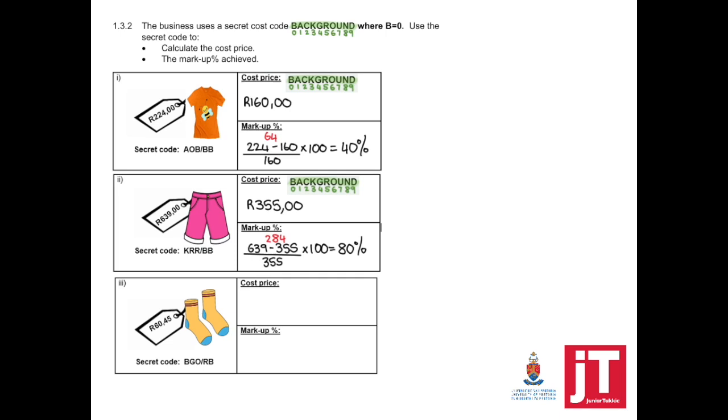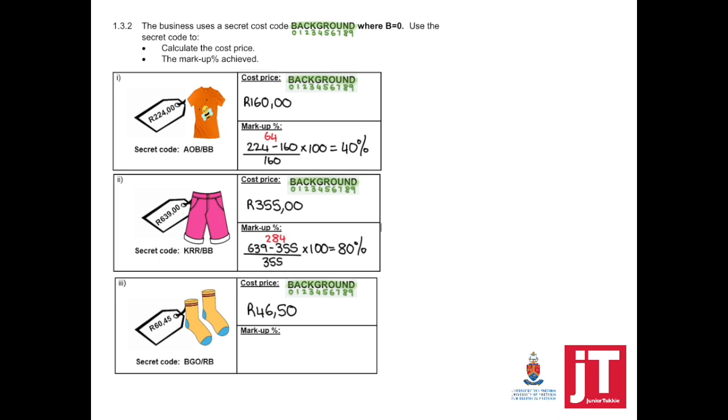For the socks, the last one, the secret code is BGO, dash RB. So this means we use the same word. B is 0, G is 4, O 6, dash means we're moving on to cents, 5, and B for 0.